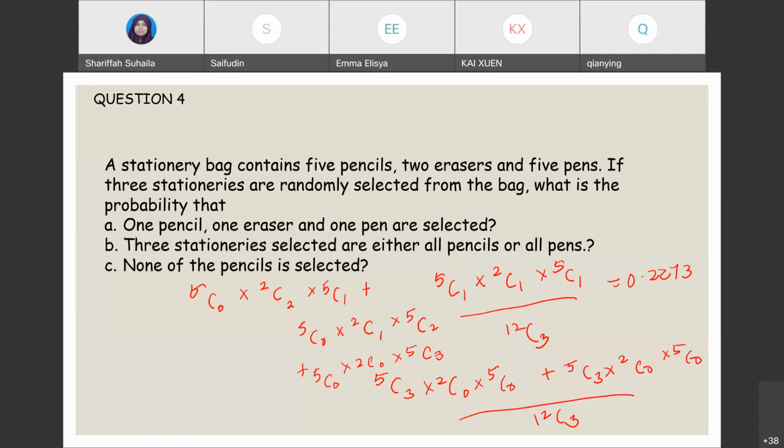Okay, and then the other one, no pencils, only 1 eraser or 2 pens. Okay, satu lagi. Okay, 0 pencil, 0 eraser, ataupun all 3 are pens. Okay. Ada tak lagi possible lain? Itu je kan? Betul eh? Okay, and then you divide lah by 12, choose 3.